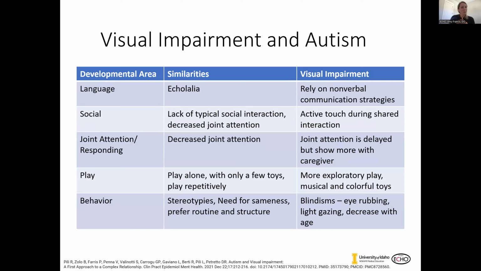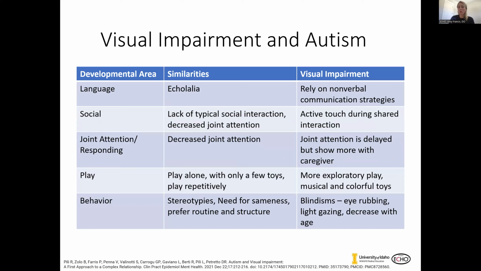For children with visual impairment and autism, both will have echolalia, but children with visual impairments will, again, rely on nonverbal communication strategies more so than children with autism. Socially, both will lack typical social interaction and decreased joint attention. Children with visual impairment will often use active touch during interactions, especially with parents, right? They will feel around and use their sense of touch more so than children with autism.